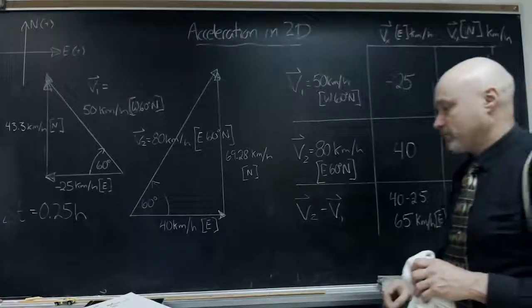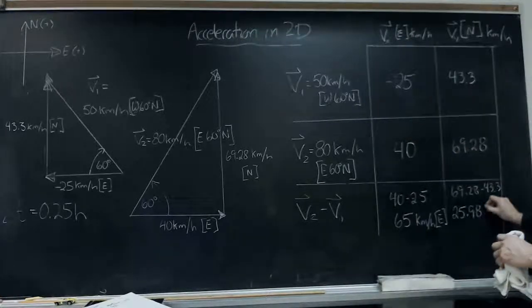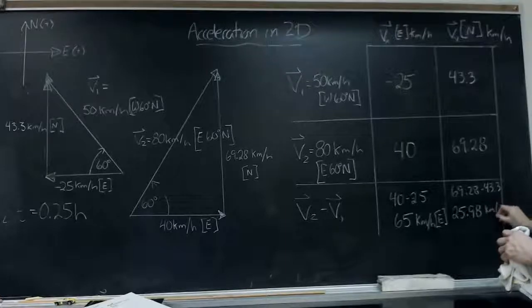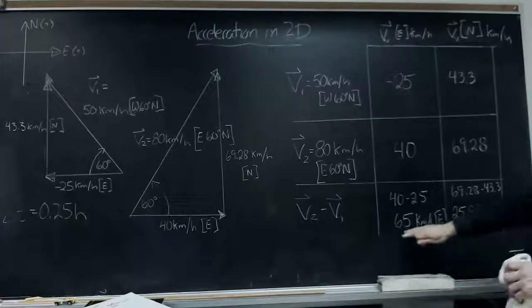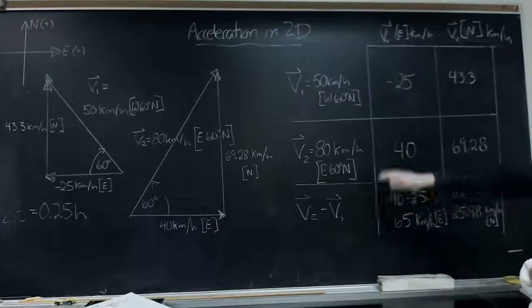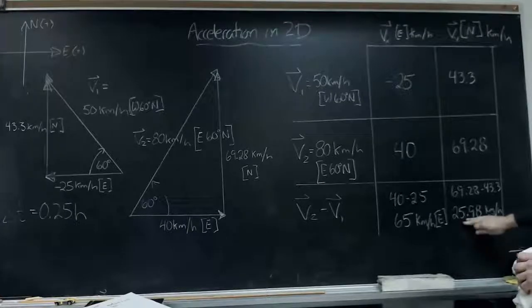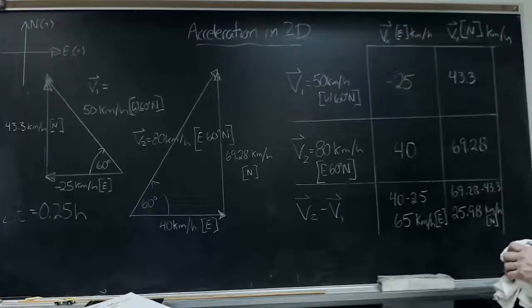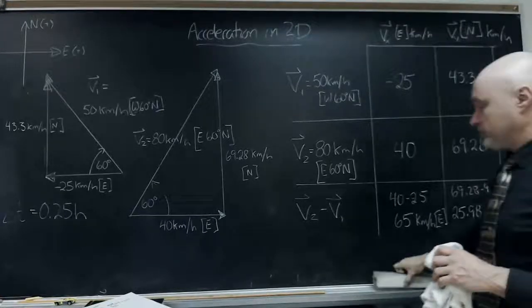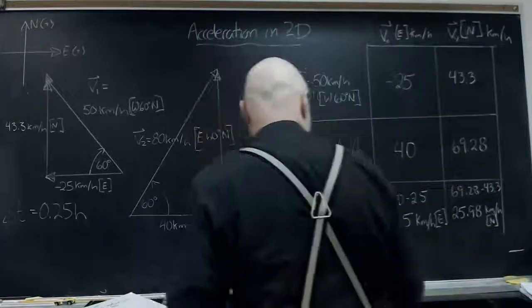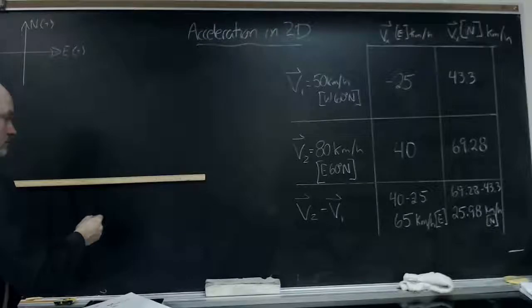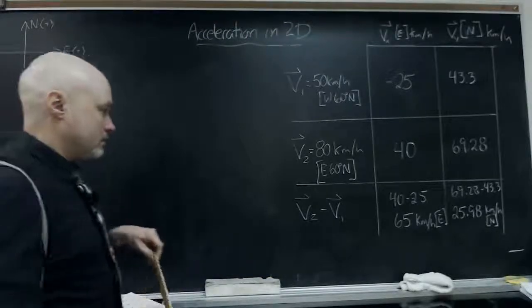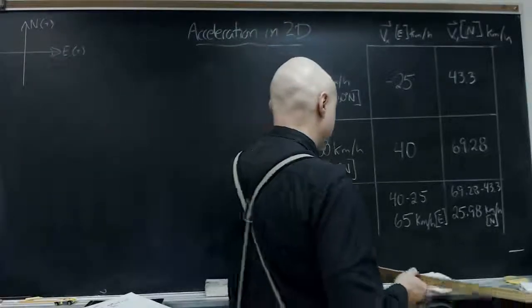So that's 25.98, and that's kilometers per hour to the north. Okay, so this is my delta V for the easterly component. This is my delta V for the northerly component. And now what I'm going to do is I'm going to reconstruct them. So V2 minus V1.